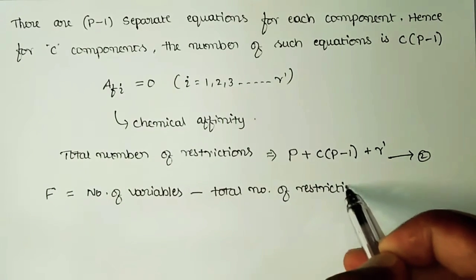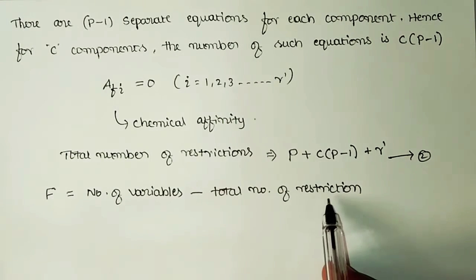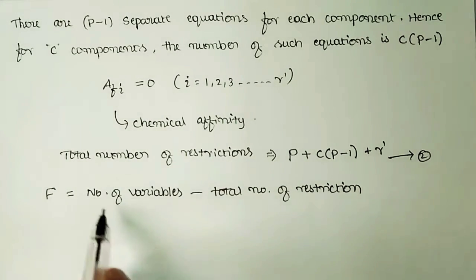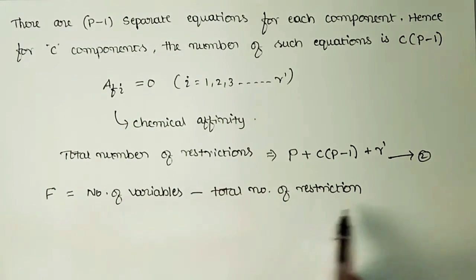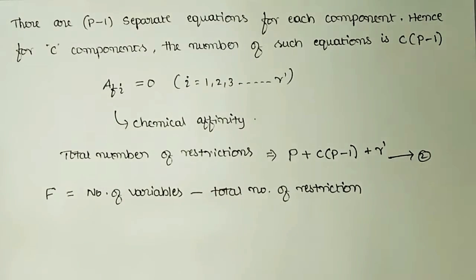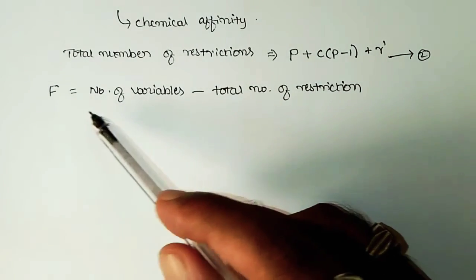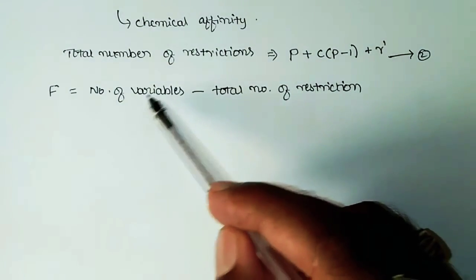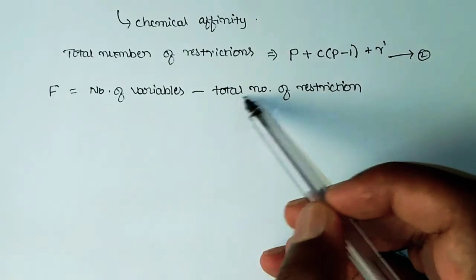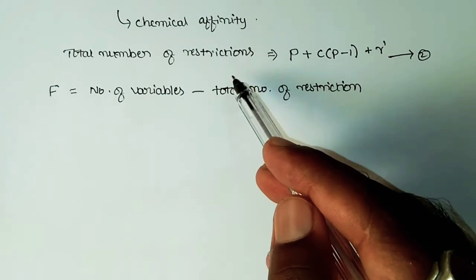So how many variables we are using for defining the system minus the total number of restrictions imposed in the usage of the variables. The difference between these two things will give the number of degrees of freedom. As we said, the number of degrees of freedom will be equal to the difference between the number of variables which are used for specifying the system and the total number of restrictions that are imposed due to their interdependencies.